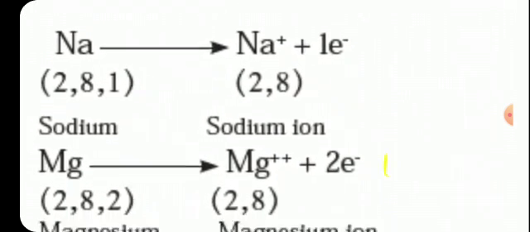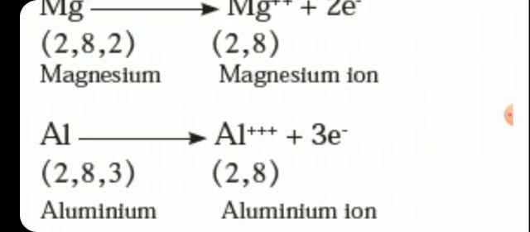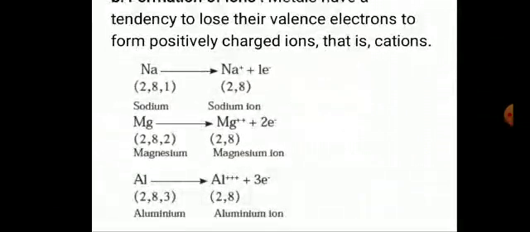Sodium ion with one positive charge, magnesium ion with two positive charges, and aluminium ion with three positive charges are formed. And positively charged ions are called cations. So metals have tendency to lose their valence electrons to form positively charged ions, and that is called cations.